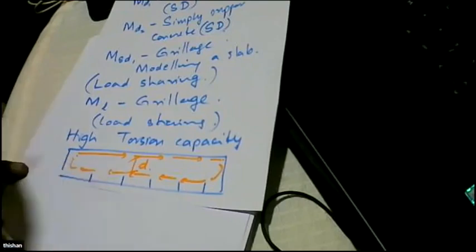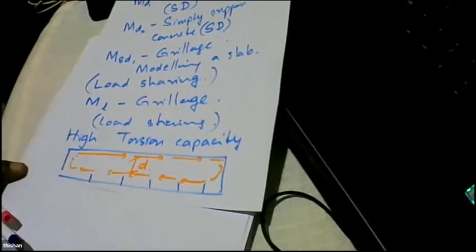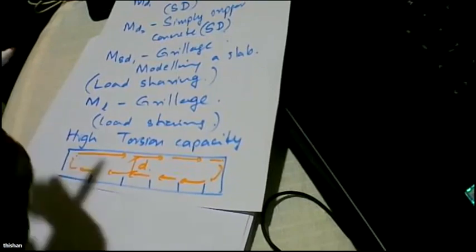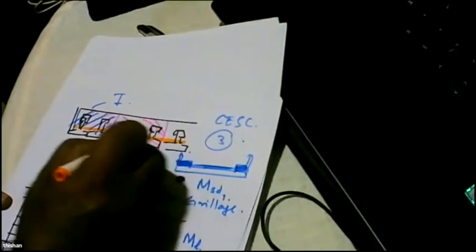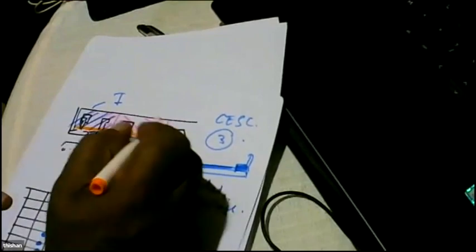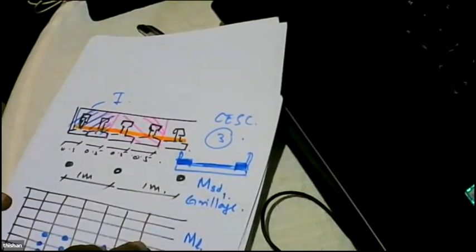The reason is these structures have a very high torsional moment carrying capacity, and you might see that we are placing some reinforcement, a strong bar like 25 millimeter one, connecting all these beams, and that particular bar is also to facilitate the torsional shear flow.